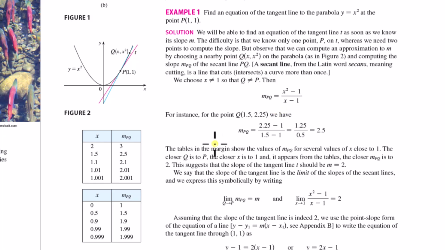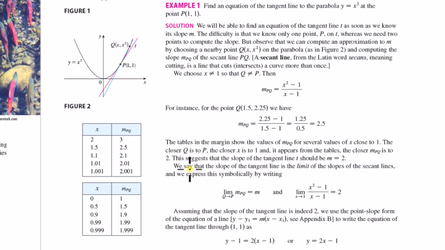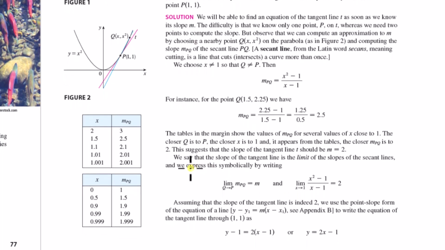But this table seems to be suggesting that, from the perspective of this secant line, if x was equal to 1, then the slope would be exactly 2, right? Okay, and so that's the idea of a limit. We say that the slope of the tangent line is the limit of the slopes of the secant lines.